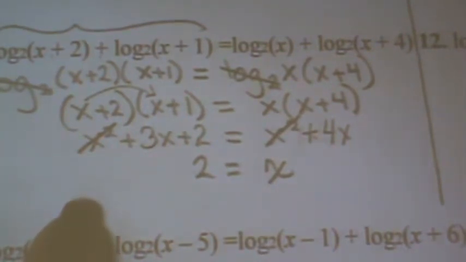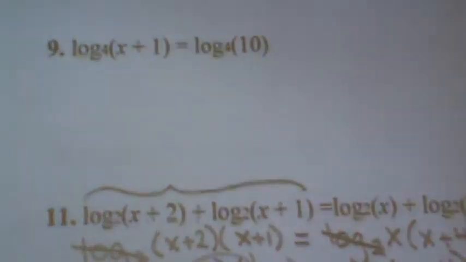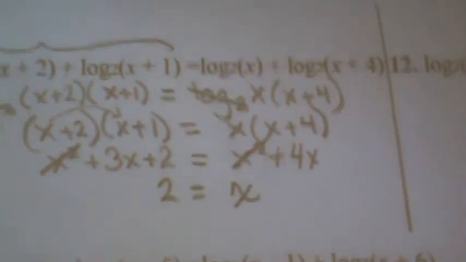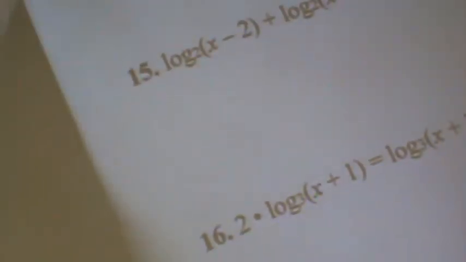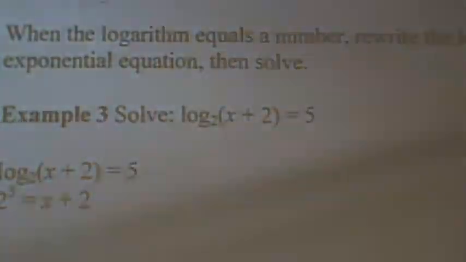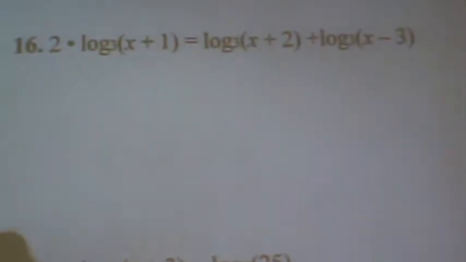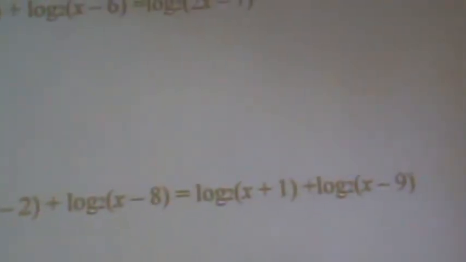So, 1 through 10, you have 1 to 1. You're going to cross them out and solve. 11, 12, 13, all the way up to 16, you're going to use the properties to condense.